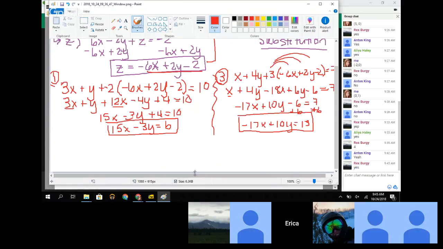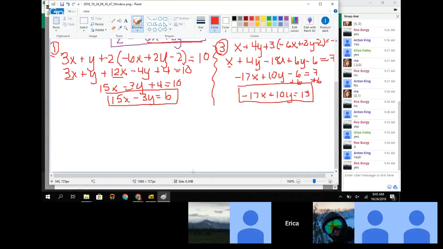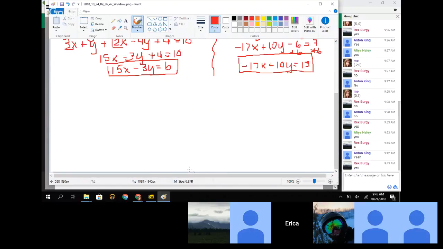Guess what? I'm going to use substitution again. All right, remember I'm doing all substitution here. So I'm making my paper magically longer. Now I have 2 equations, right? With 2 variables. This is the number 6 right here, not a b.